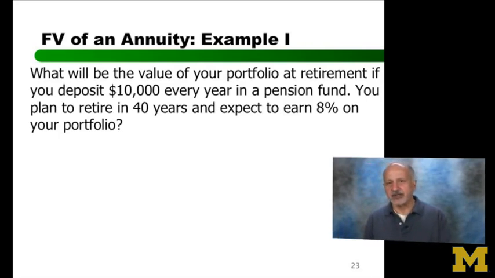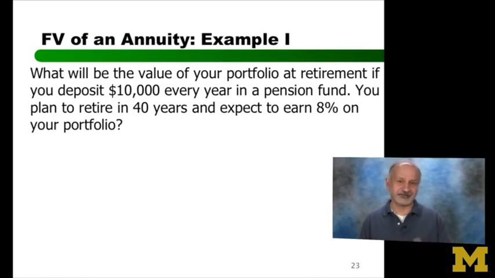What is a pension fund? A pension fund is a place or an account which hopefully has multiple assets if you're risk averse, multiple kinds of investments, a bond, a stock, and we'll talk about those. You put $10,000 every year. Why 10,000, a fixed amount? Well, nothing is forcing you to put 10,000 every year.